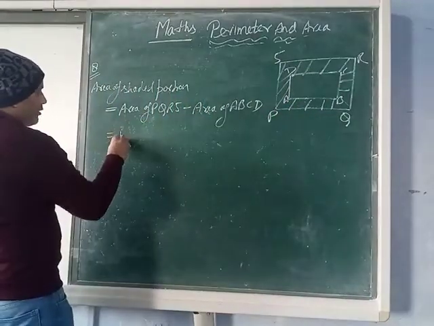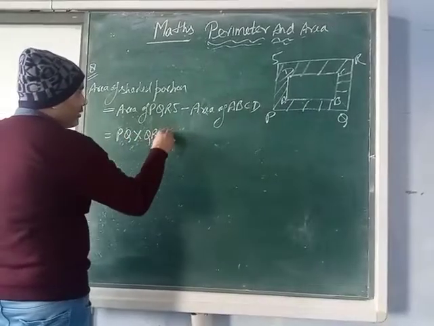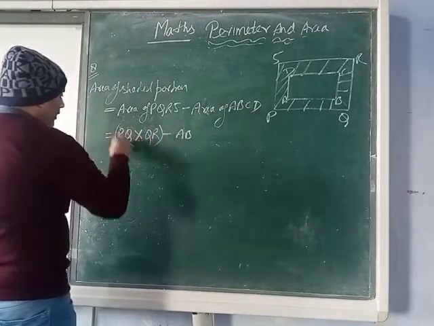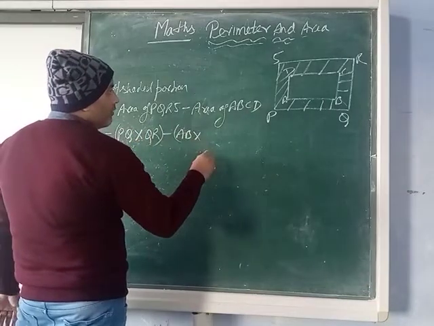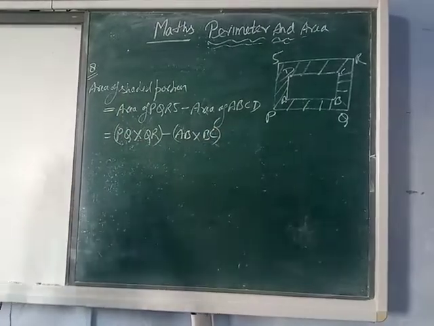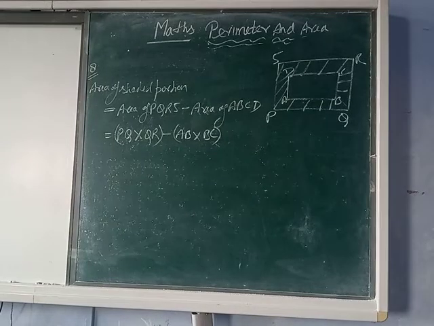Or simply you can write: PQ multiplied by QR minus AB multiplied by BC. Like this you can easily find the area of the given shaded portion.